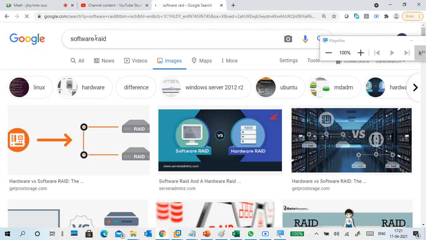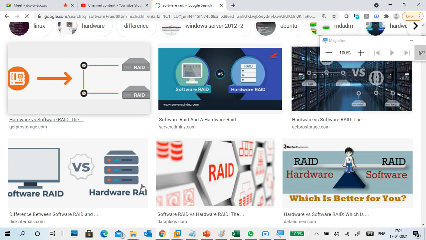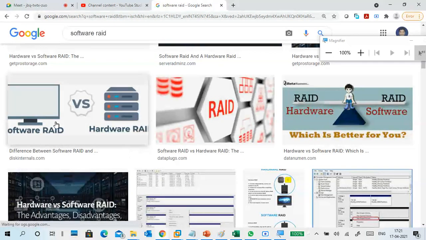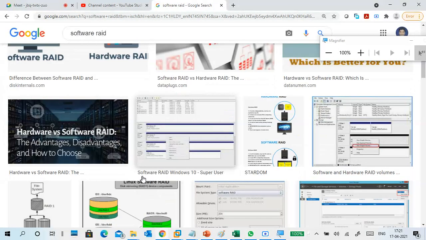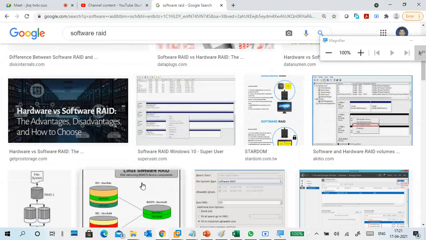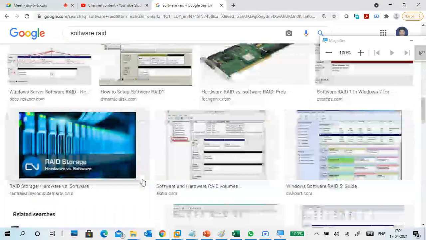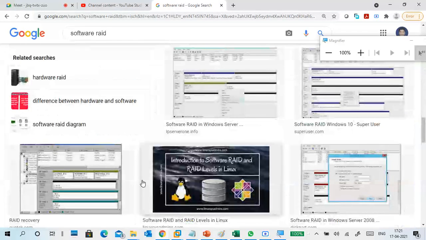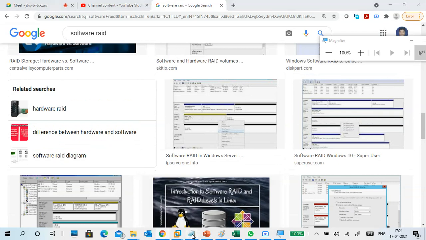You can also look up the difference between software RAID and hardware RAID. Software RAID is PC based. In a PC we can create our own RAID levels, operating system wise or by application.